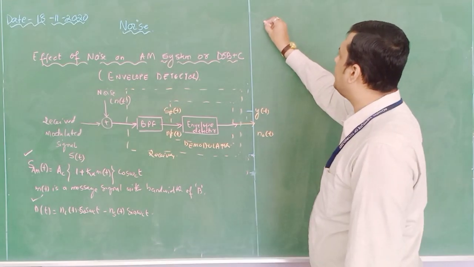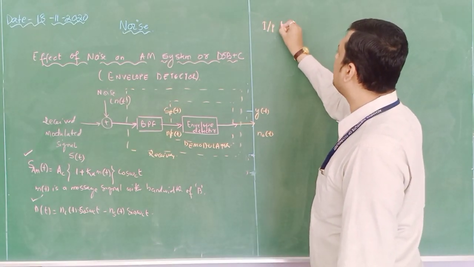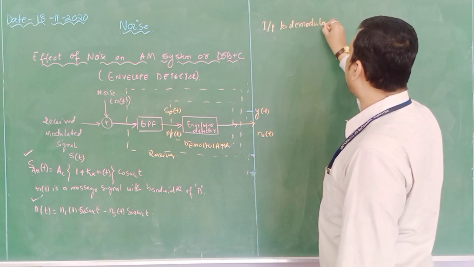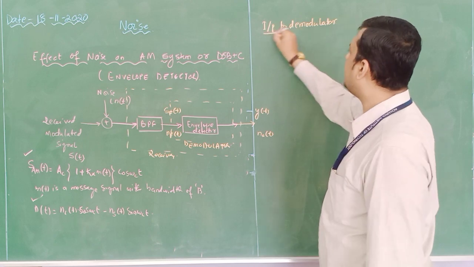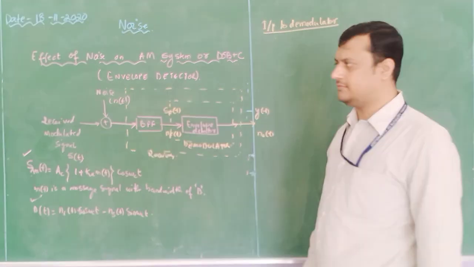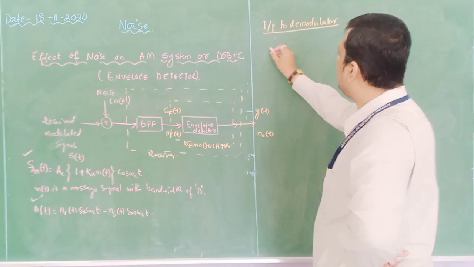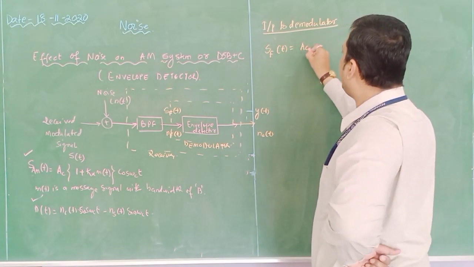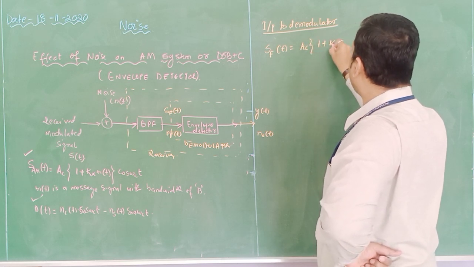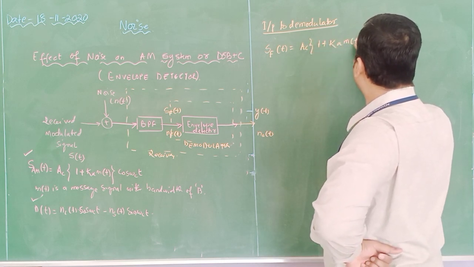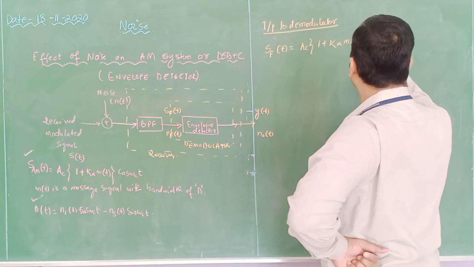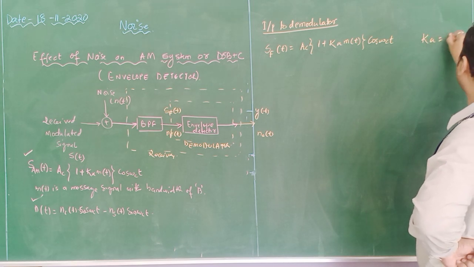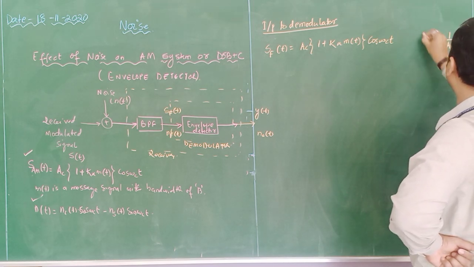So I will write input to demodulator. Which type of demodulator is it? It is an envelope detector. Now Sf of t I can write as Ac times 1 plus Ka m of t, times cos omega ct. Now what is Ka? Ka is 1 by Ac.